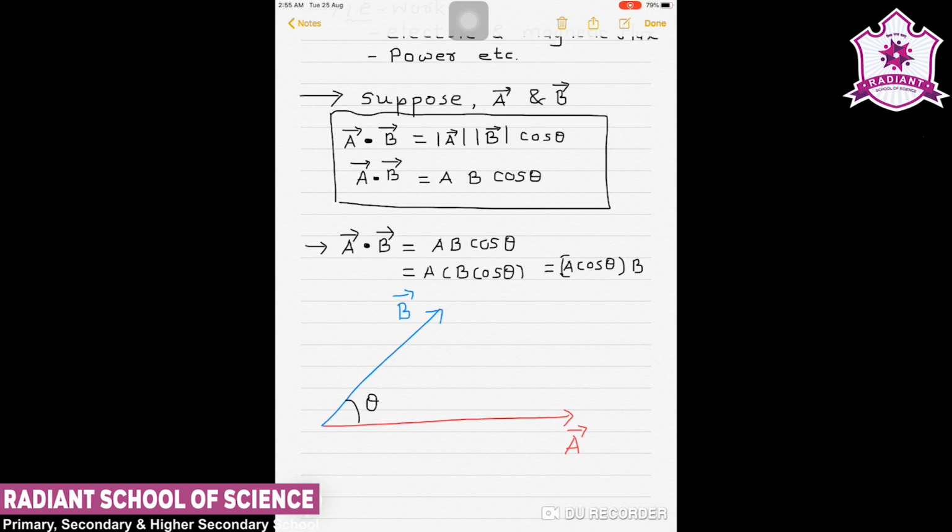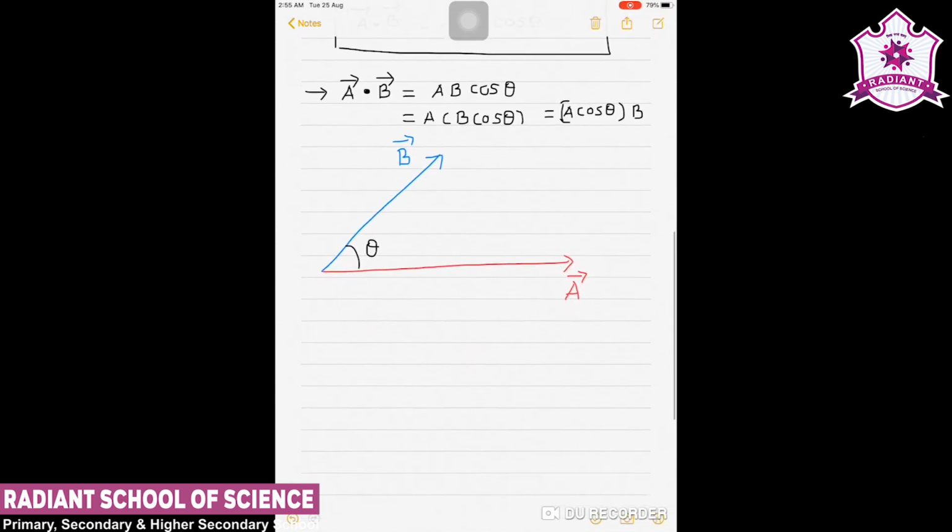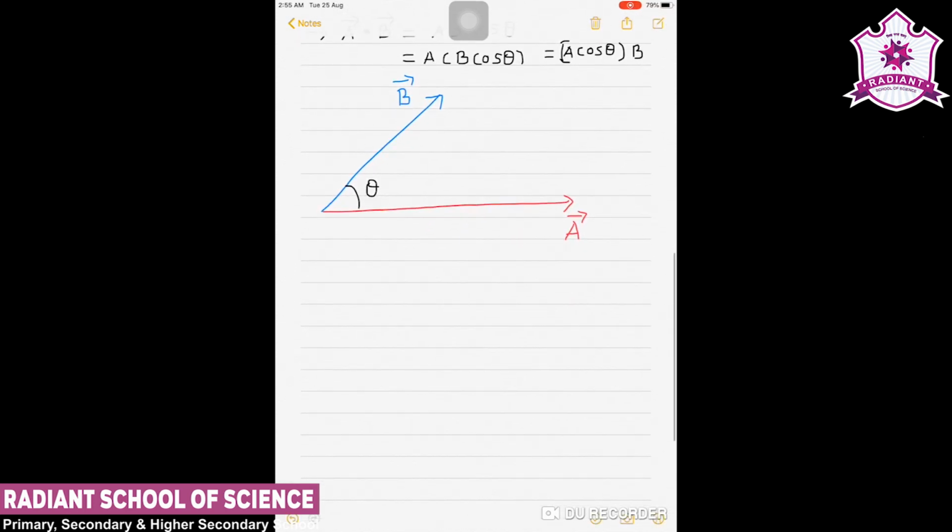Now how to term these two expressions written above, AB cos theta and A cos theta B, differently and separately? For that, we will take projection from the given vectors.